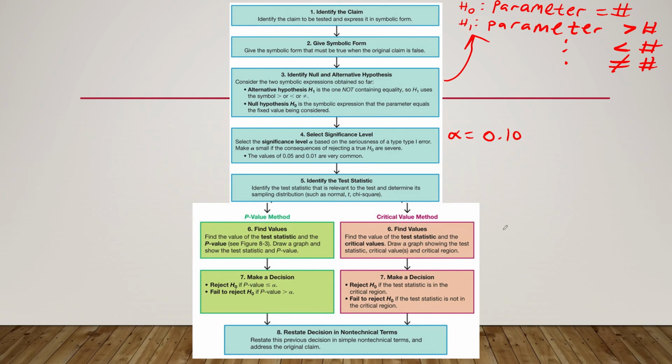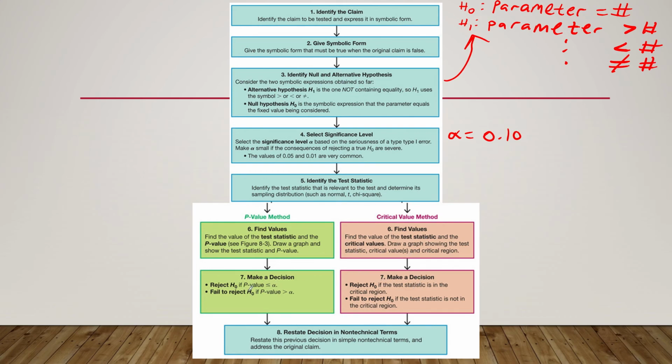You would draw the graph showing the test statistic, critical value or values, and critical region, based on if it's a greater than, less than, or not equal to relationship. You would make a decision. If the test statistic is in the critical region, you reject the null hypothesis. If it's outside of the critical region, you fail to reject the null hypothesis.